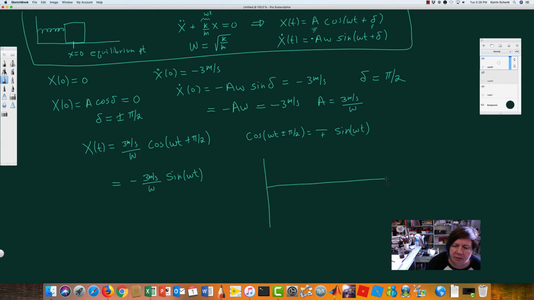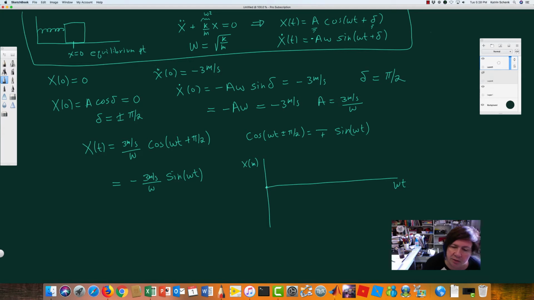So let's take a look. Here we are starting off here because it's 0. So this is x in meters again, and omega t on the t-axis. So we're starting off here again. It's going to look like a sine, but it's going to be flipped because it's negative.